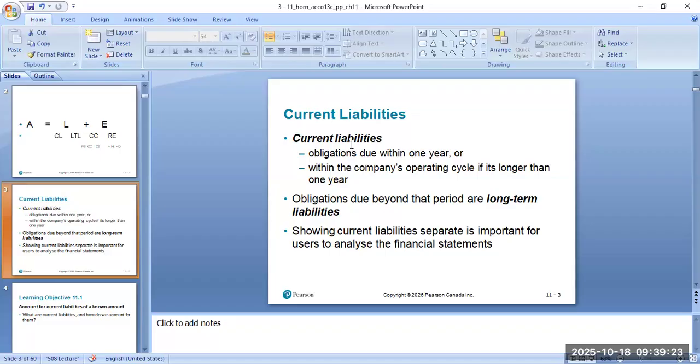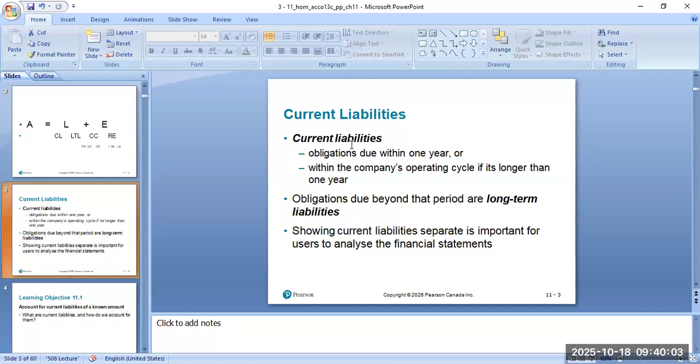Liability is a current obligation for something that we have done in the past and we have to settle in the future with either financial resources or non-financial resources. So again, liability is a current obligation for something that we did in the past, which we have to settle in the future.